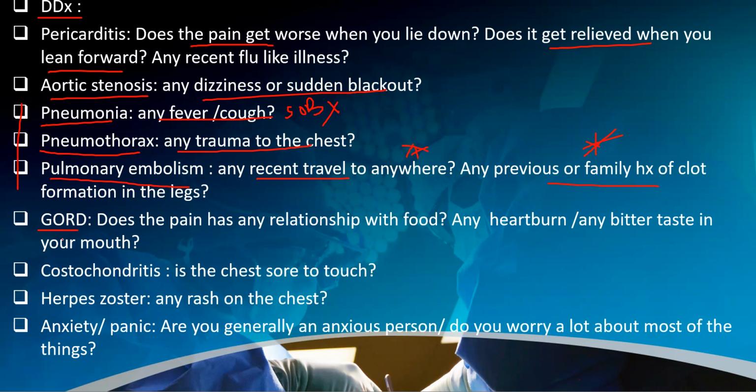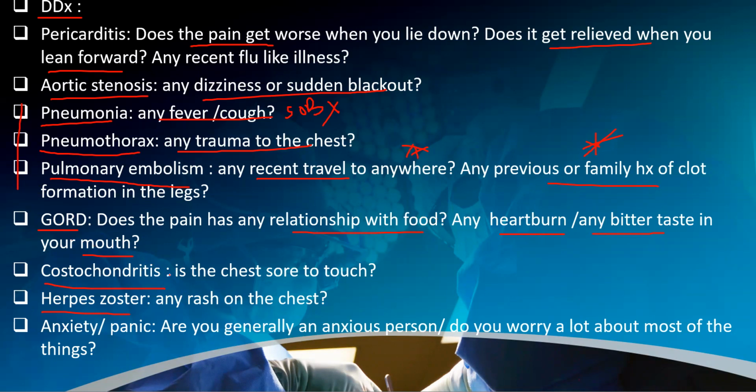Then you have got reflux and peptic ulcer. So you can ask, does the pain have any relationship with food, any heartburn, any bitter taste in your mouth? For costochondritis and herpes zoster, costochondritis, only one question: is your chest sore to touch?